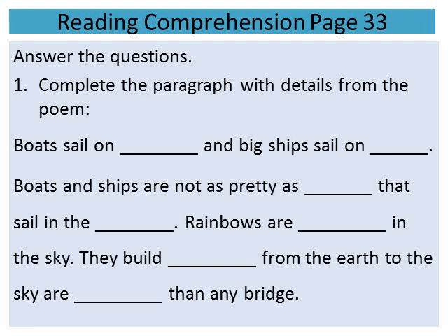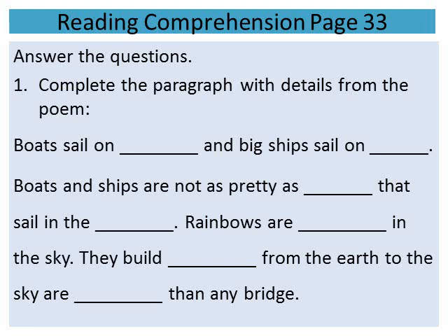Where do boats sail? Yes, if you have found, write down in your blank. And big ships sail on the dash. Where do ships sail? That word you write down here.